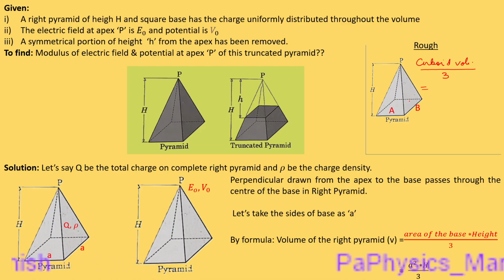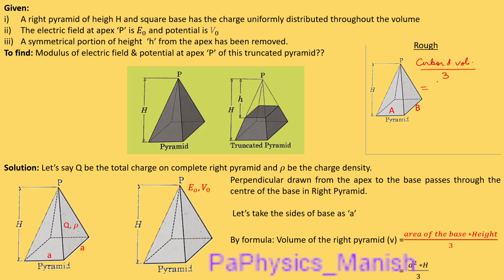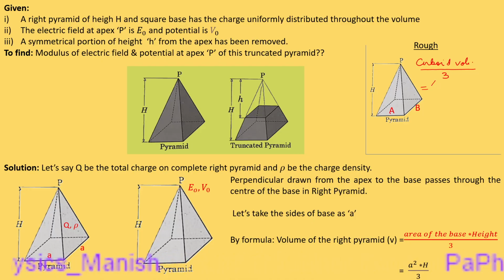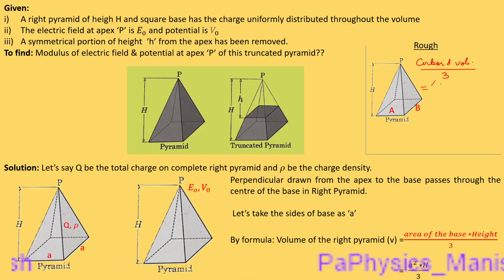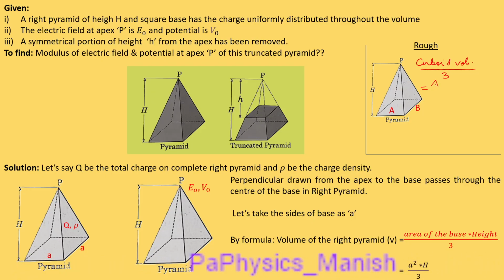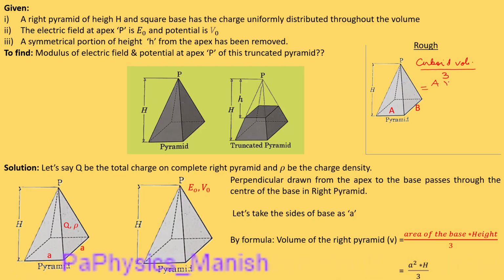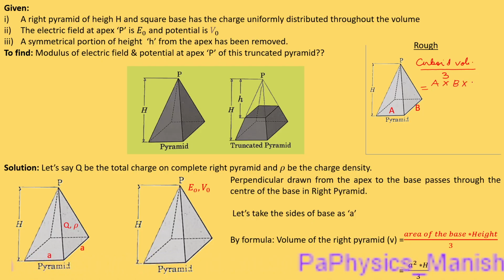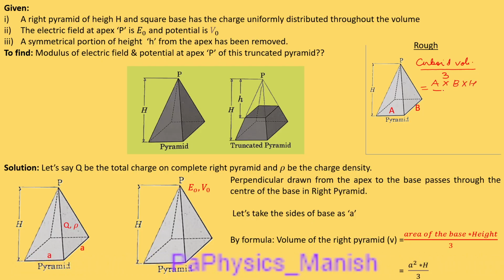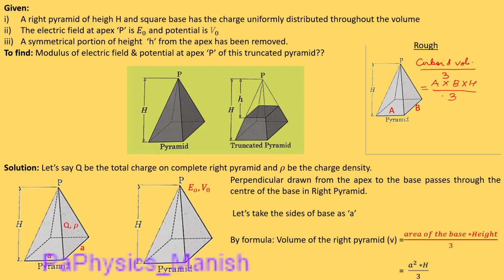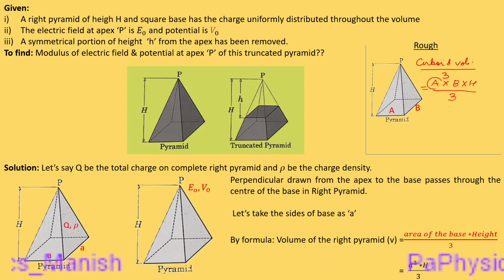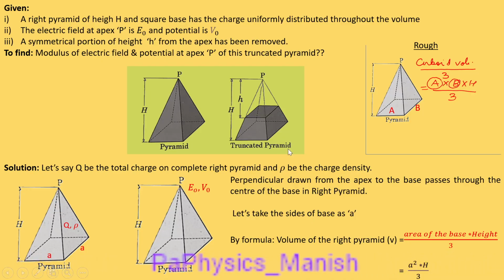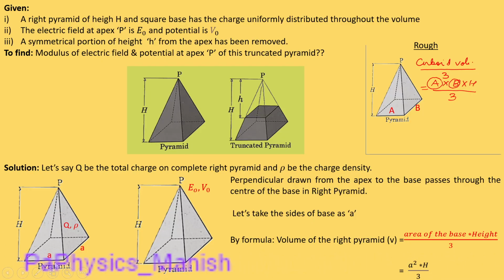So if this is the cuboid, this is the right pyramid with sides A, B and H. Its volume will be the volume of the cuboid with base A into B and height H divided by 3. In our case, A and B we have assumed as small a.